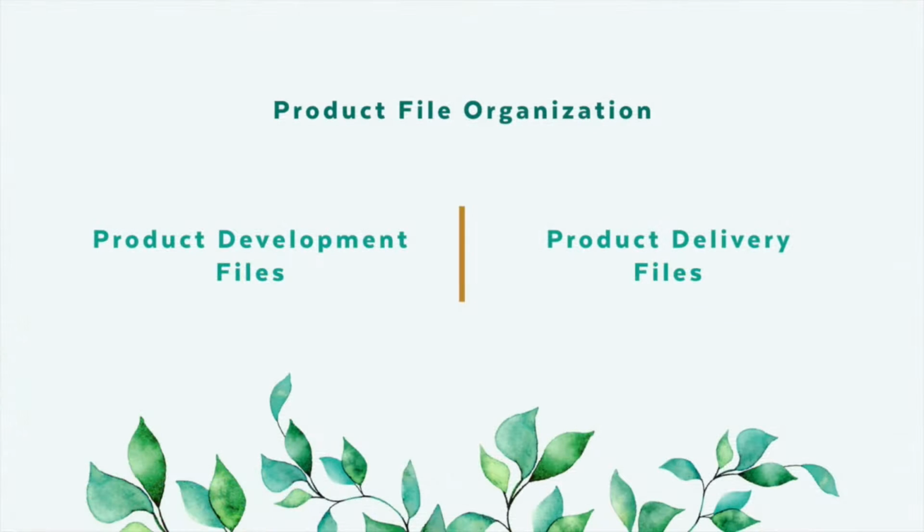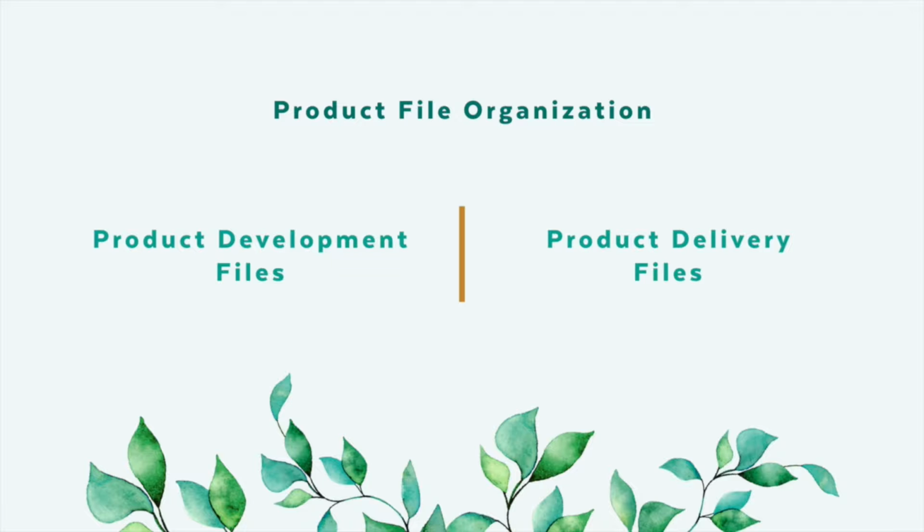When creating your digital products, you need to think about how you're going to organize your product files. There are different types of product files, but the main types of product files that you will be creating are your product development files and then product delivery files.